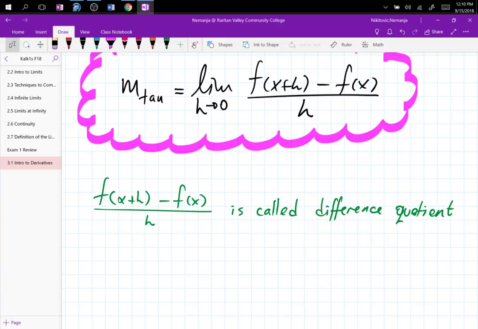Now, it might be still escaping you what is the point of the entire thing that we are talking about, but I'm going to remind you one more time. Any slanted line measures the change. You want to measure how much stuff changes.